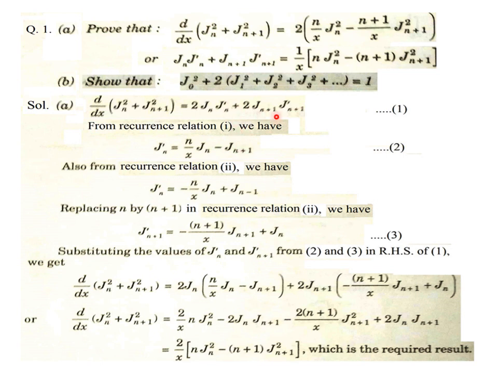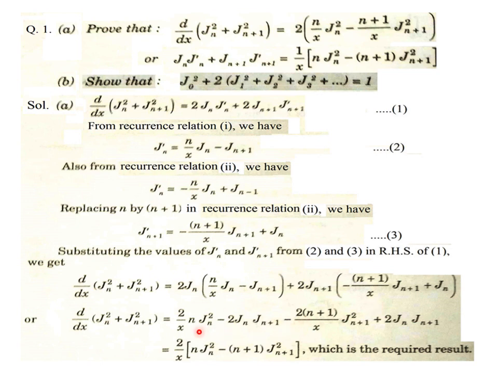What is happening now? D by dx Jn square plus Jn plus 1 square, the left hand side is 2 Jn into the value of Jn dash, which is that one, plus 2 Jn plus 1 into the value of Jn plus 1 dash from equation 3. Then it is a simple task remaining.